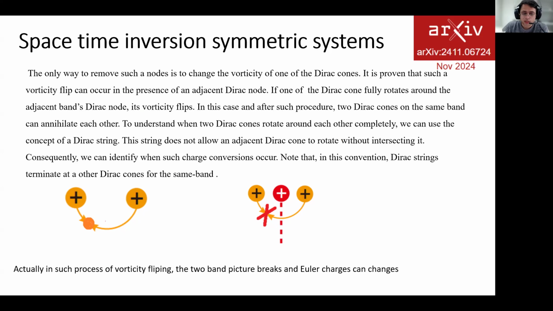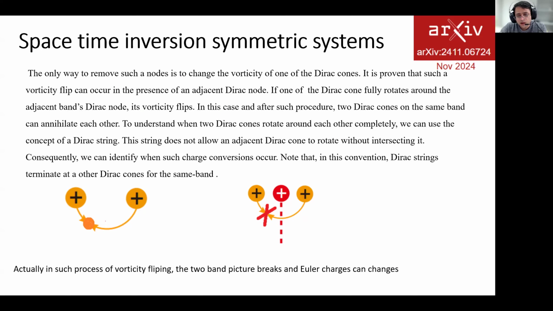It comes near to the original two Dirac points, and then effectively changes the vorticity of one of those Dirac cones. This happens if one of these Dirac cones rotates around that incoming Dirac cone. If such a thing happens, then the vorticity can change and these two Dirac cones can come together and annihilate each other.